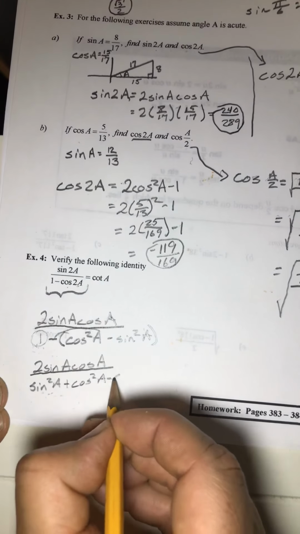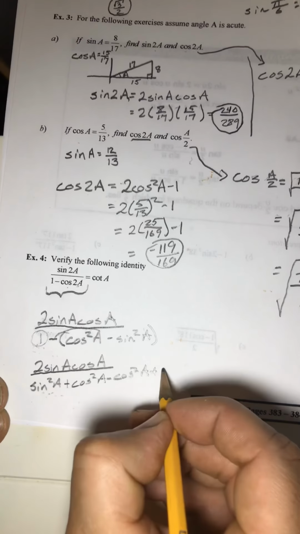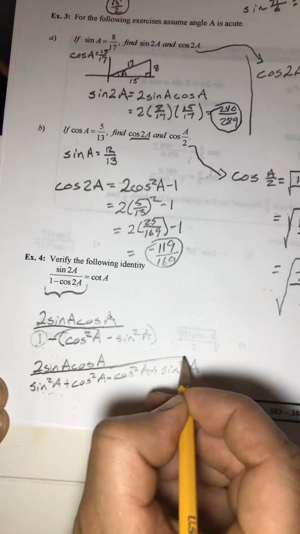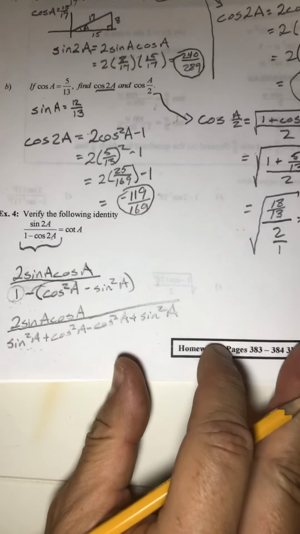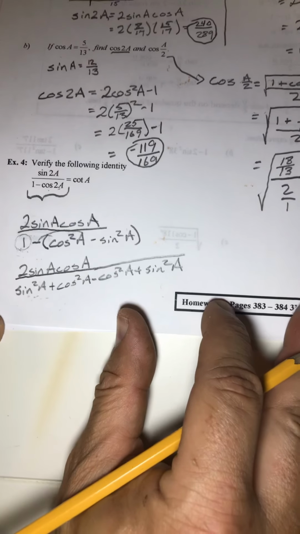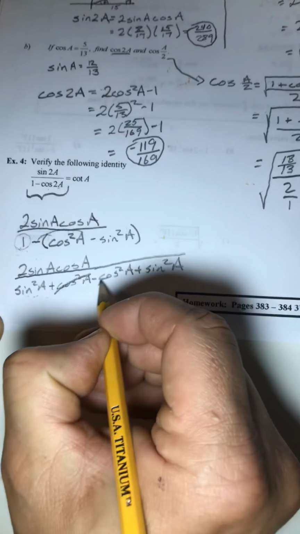So I got minus cosine squared a plus sine squared a. So the denominator just got real ugly and diagonal. But some canceling is definitely happening. Cancel these cosine squareds.